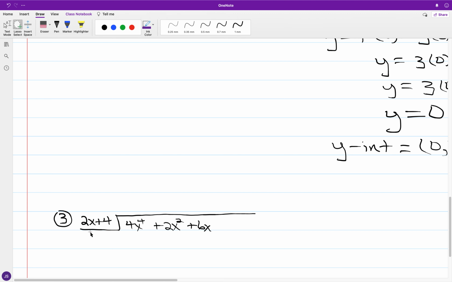If you have x plus 4, by all means, you can set things up in terms of synthetic division. Now for the dividend, you want everything from the fourth degree all the way down to a constant to be represented. And if you notice, we have 4x to the fourth, but immediately after that, we don't have an x cubed term present.